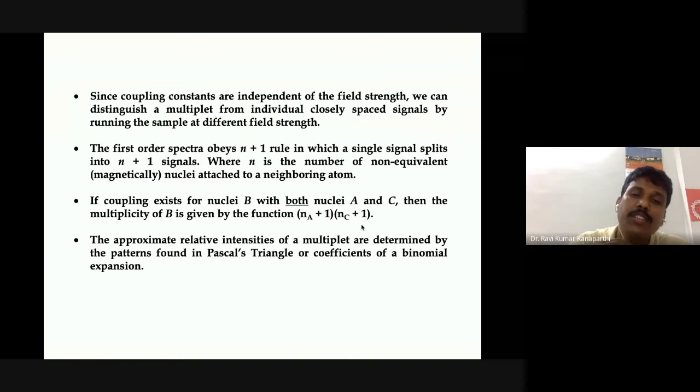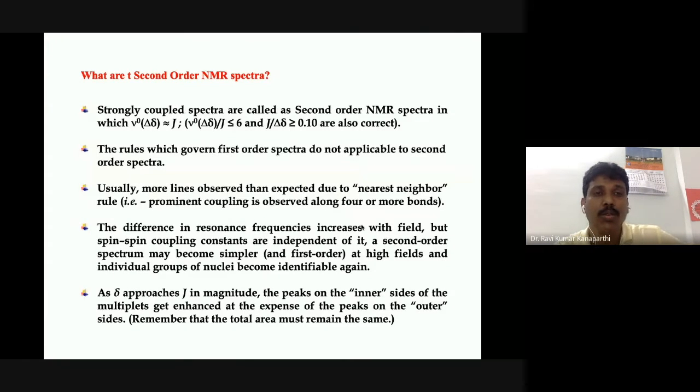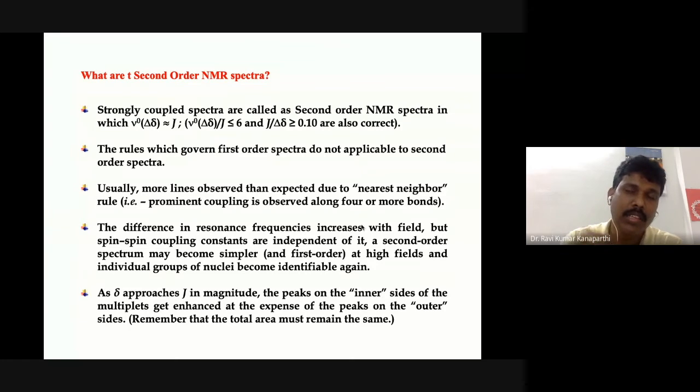And the intensity ratios you can also predict, based on the Pascal triangle or the binomial expansion coefficients. Then what is the second order spectrum? Well, the reverse. If the separation between the chemical shifts of the two sets of protons which you are comparing is less compared to the scalar coupling constant J, then we say it is a second order spectrum.